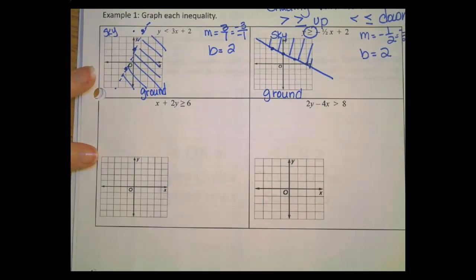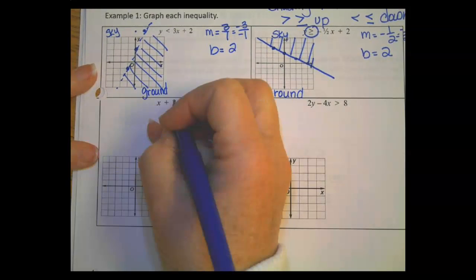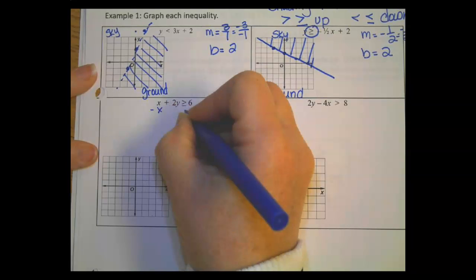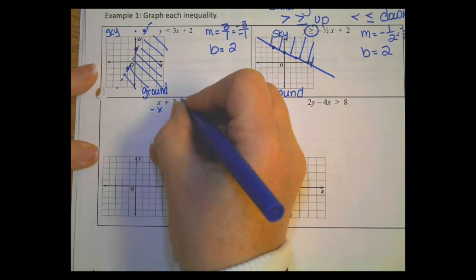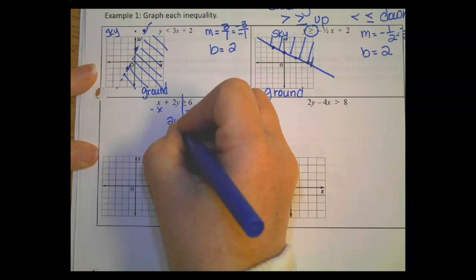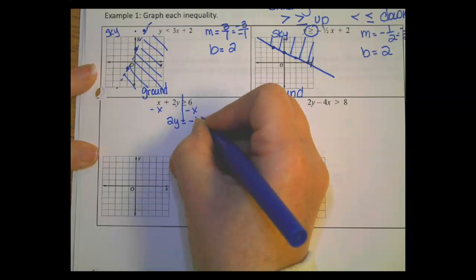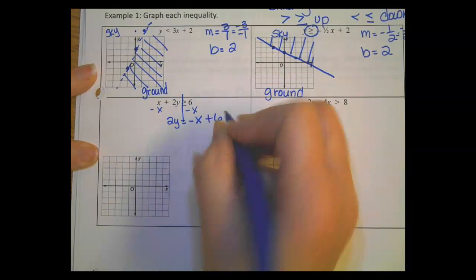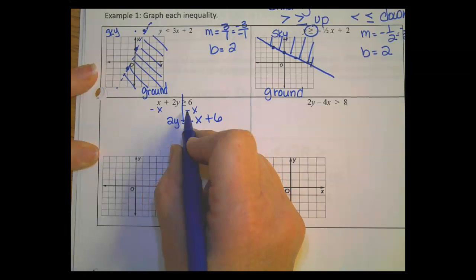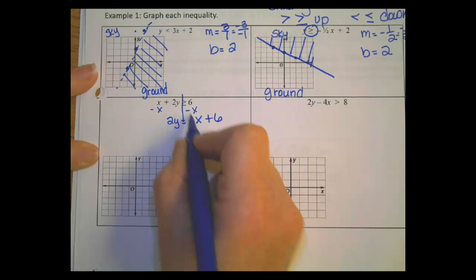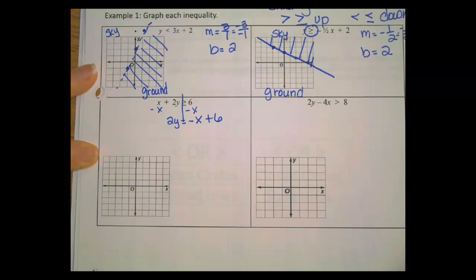This one is not in slope-intercept form, so I'm going to subtract x from both sides. So I'm left with 2y is greater than or equal to -x plus 6. I always put my variable first, and it's a -x and that's a positive 6. They are not like terms, so it looks like that.